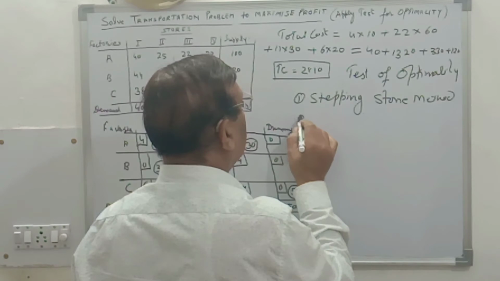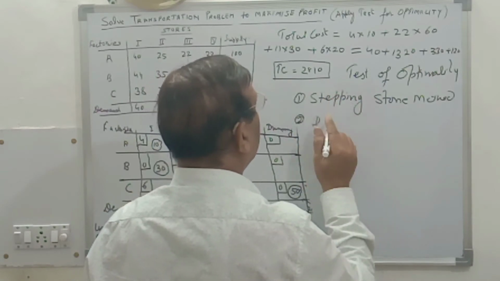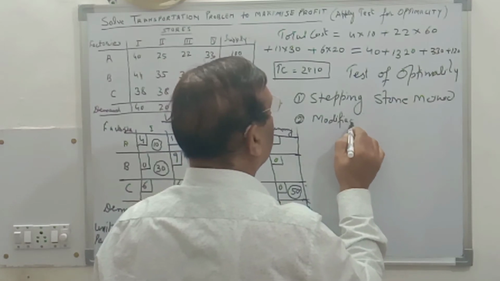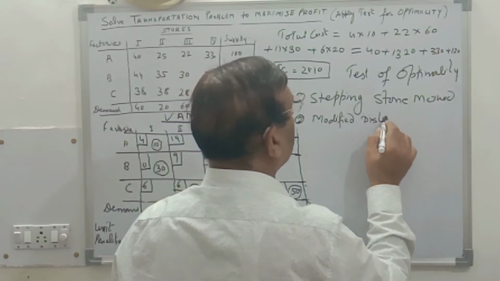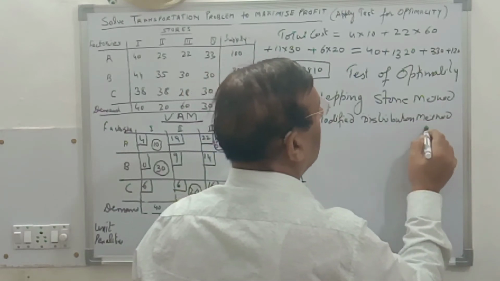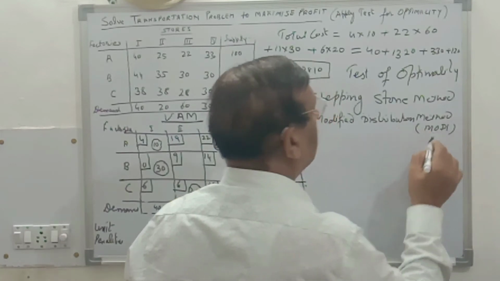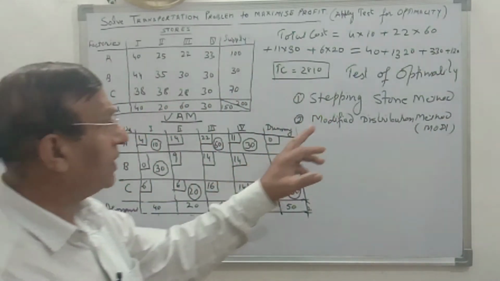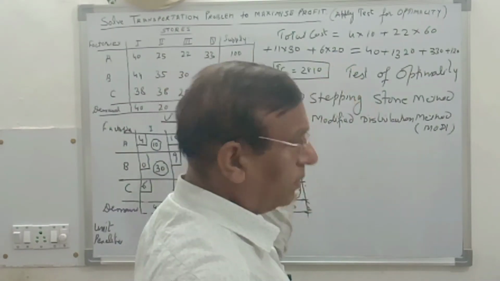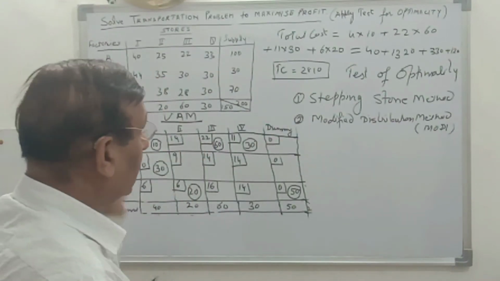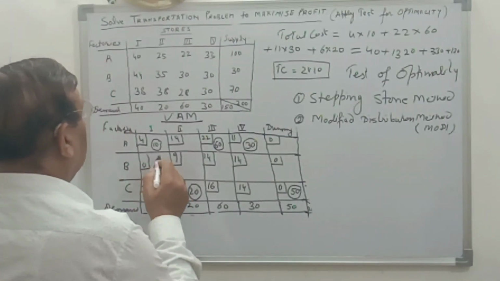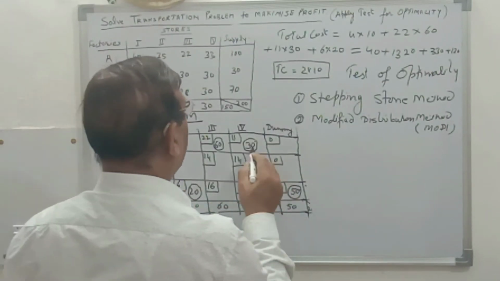And number two is the modified distribution method, generally known as MODI. So these are the two methods, different techniques of calculating the optimum answer, but the condition for going for optimality is that these are the rim requirements.